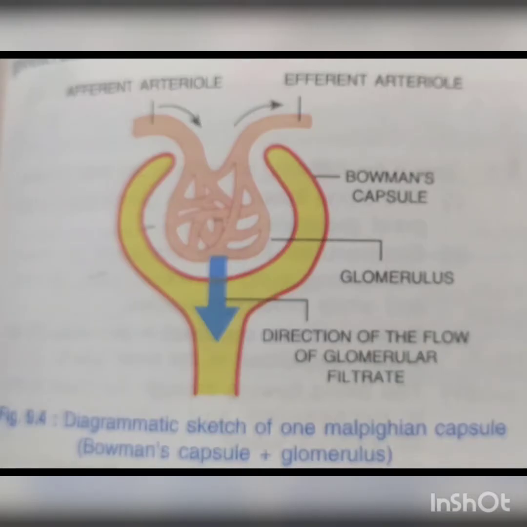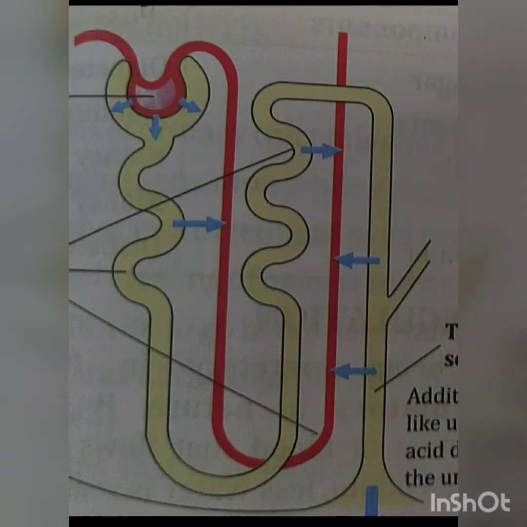Each nephron consists of a cup-shaped structure called the Bowman's capsule. The Bowman's capsule continues behind in the narrow, convoluted, that is twisted, tubule, and opens into the collecting ducts.